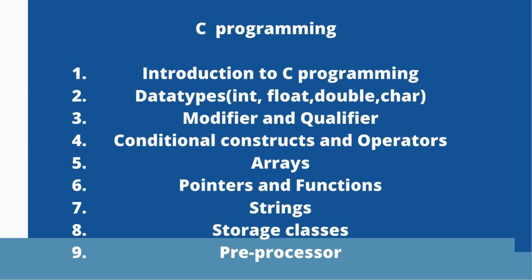And we also learned the common preprocessor directives like #define for defining macros, #include for including header files, and also #if and #endif for conditional compilation. So those are what we learned about C programming.